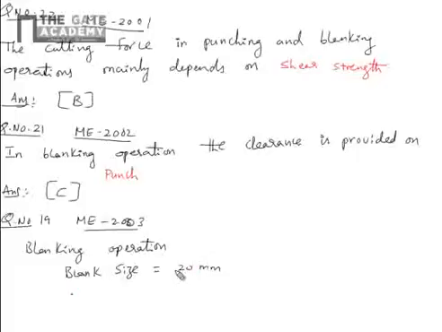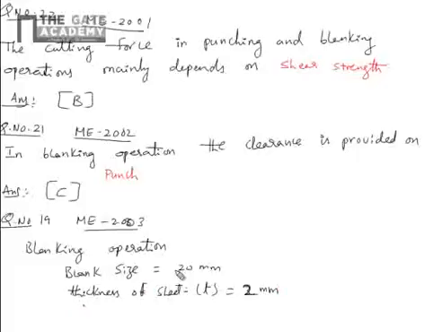Sheet thickness T equals 2 mm. Clearance is 3%.